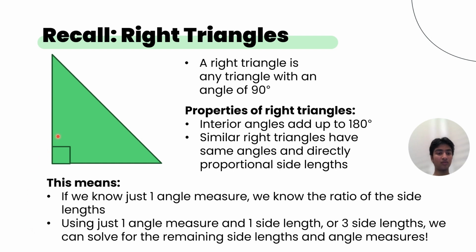If we know the values of both of these, we can solve for this angle, this length, and this length. Or if we have three side lengths, we can solve for all the interior angles, all the angle measures inside.